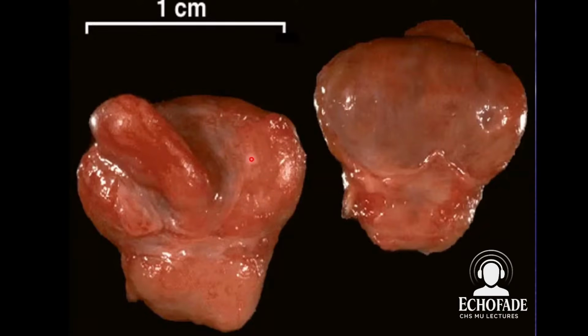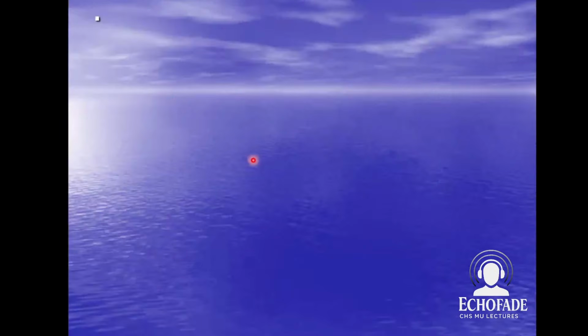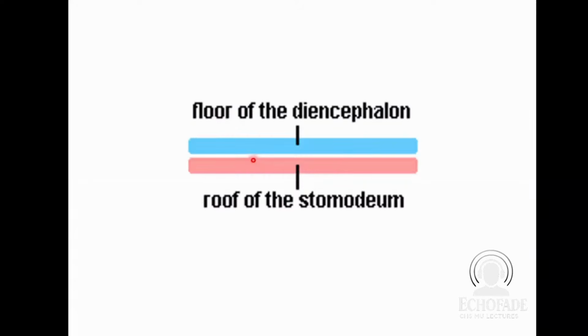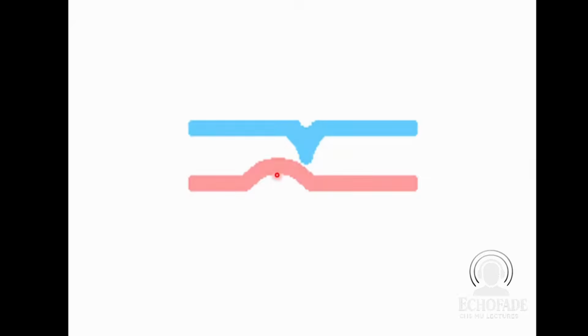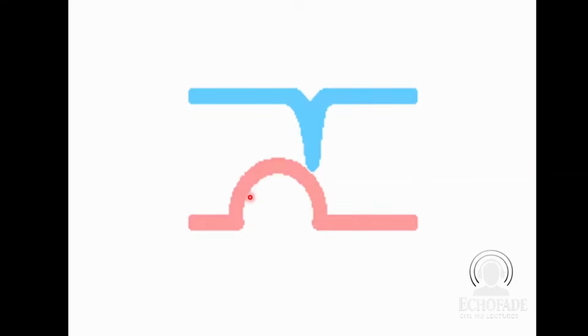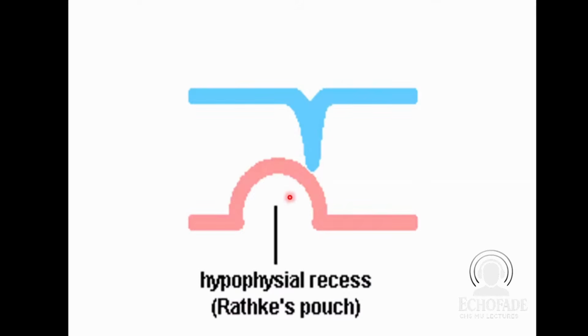This is now the pars nervosa and pars distalis of the hypophysis, sorry. Now, for the development of the hypophysis, we are from the diencephalon and also from the roof of the oral cavity at Rathke's pouch. So this continues on.